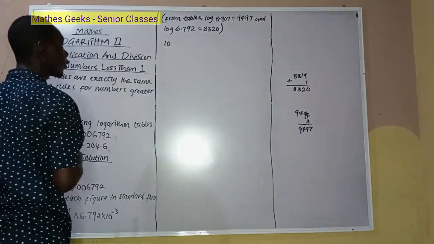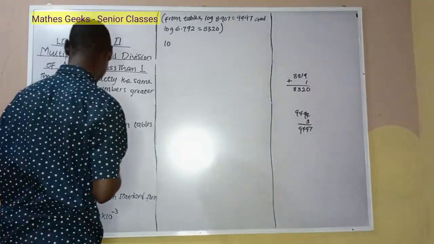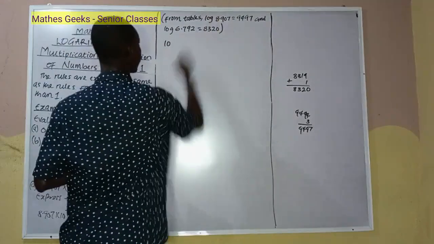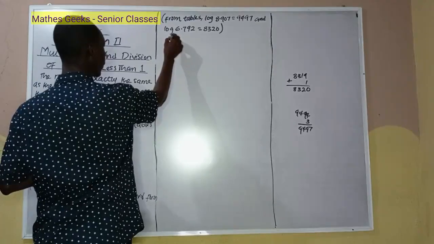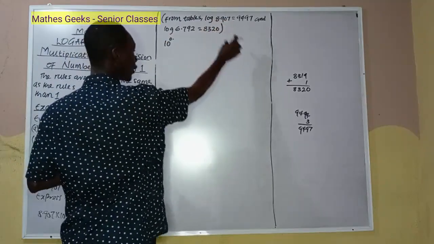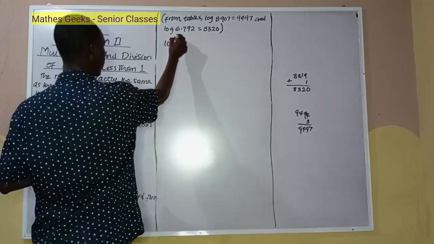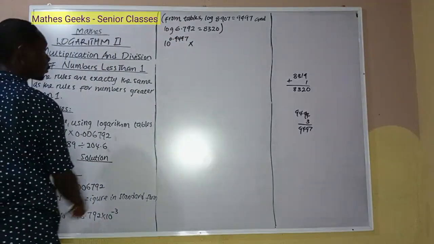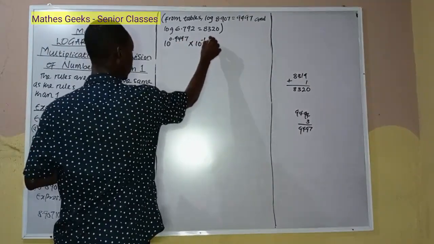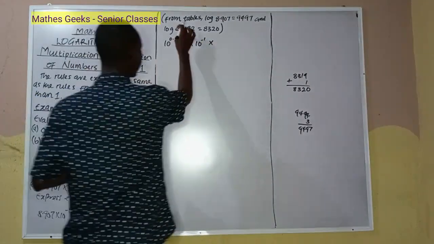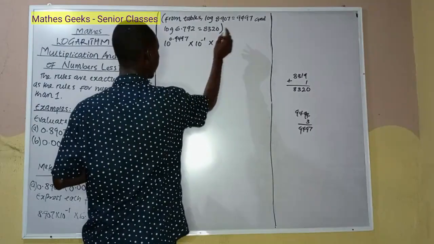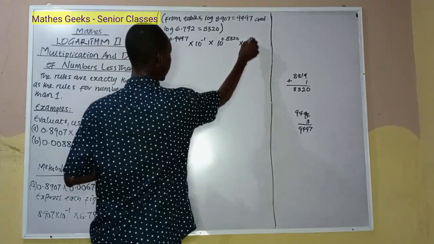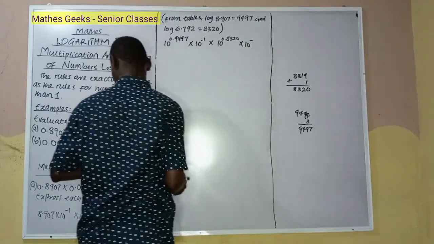The characteristic of log 8.907 is 0, so 0 point 9497 times 10 raised to minus 1, times, so the characteristic of this is also 0 point, then the log value is 0.8320 times 10 raised to minus 3.